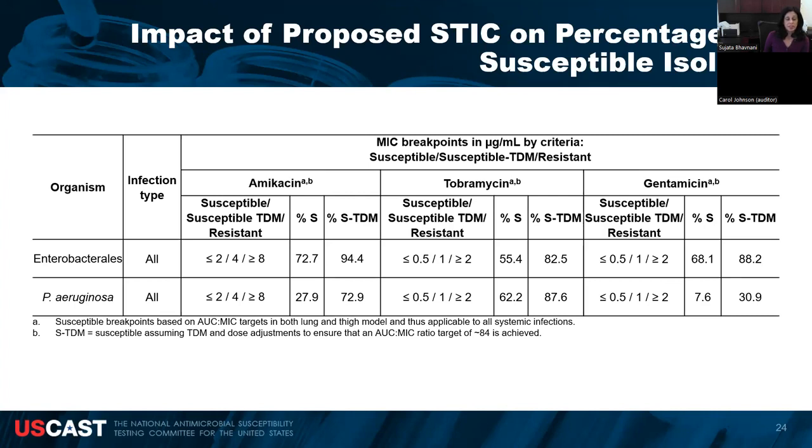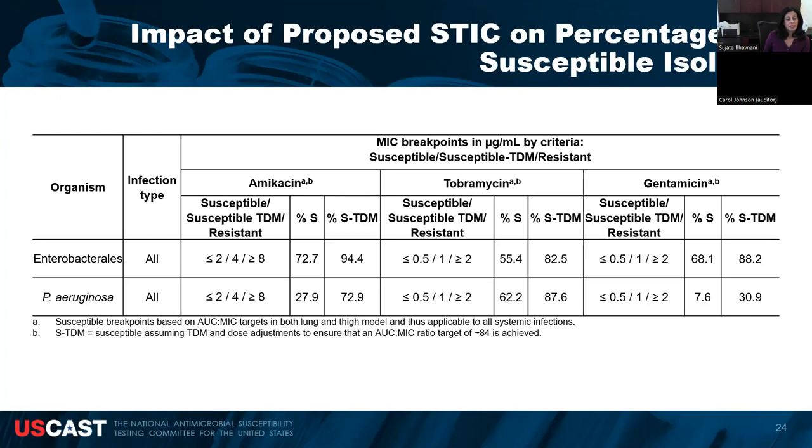Looking at tobramycin, only 55% would be susceptible at the susceptible breakpoint of 0.5. But then applying an STDM breakpoint, that would get us up to about 83%. And for gentamicin, it would be 68 and 88%. For SUD, amikacin still performed poorly for the lower susceptibility breakpoint of 2, close to 30%. With STDM, that would get us up to 73%.